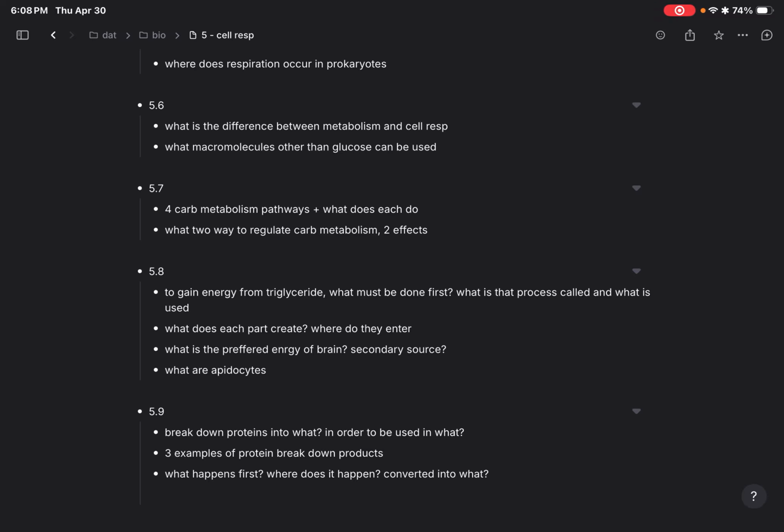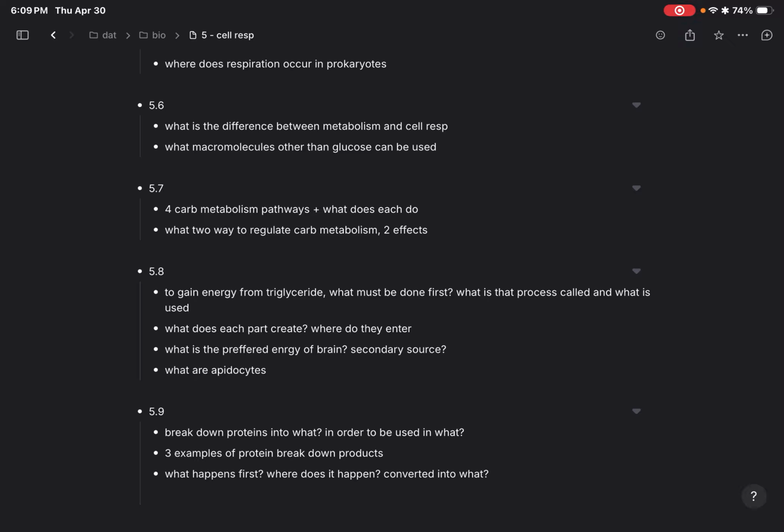Four carb metabolism pathways plus what does each do? Damn, bro. What does it mean by carb metabolism pathways? Well, okay, what am I even asking?